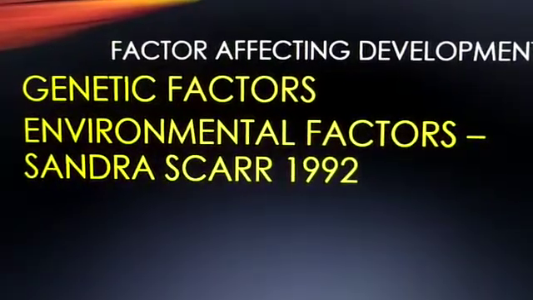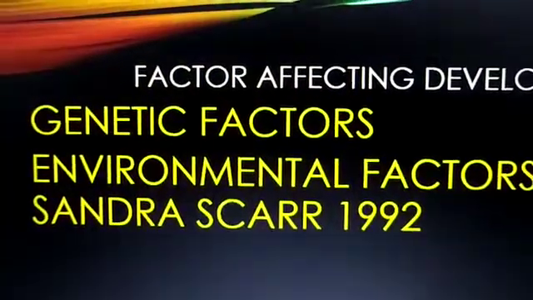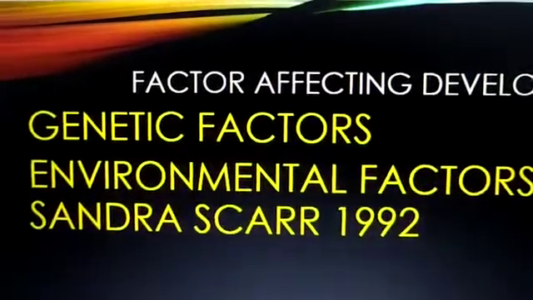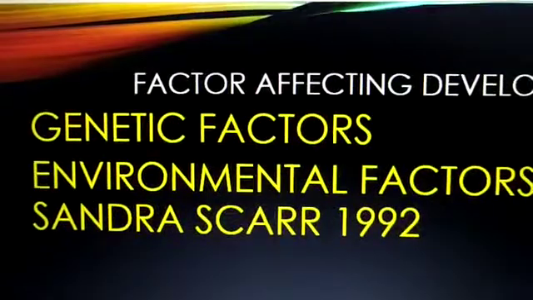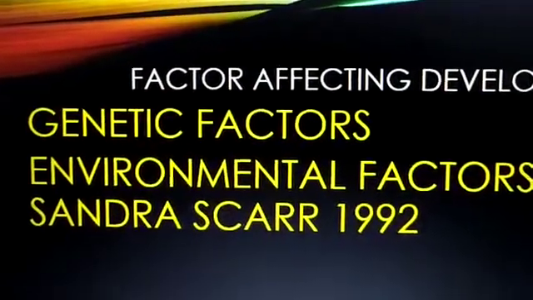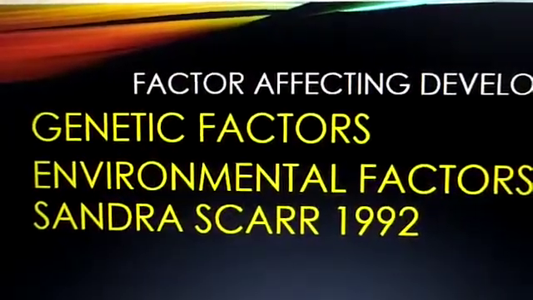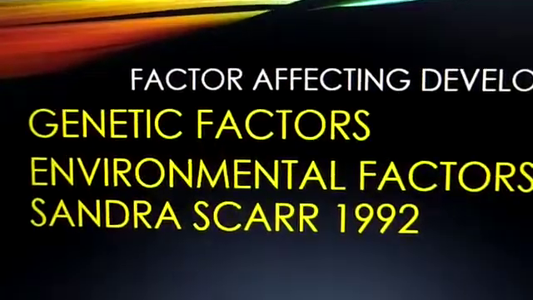Now children, genetic factors contain the human genetic code. It is because of the human genetic code that a fertilized human egg grows into a human baby and cannot grow into an elephant baby or a bird or a mouse.